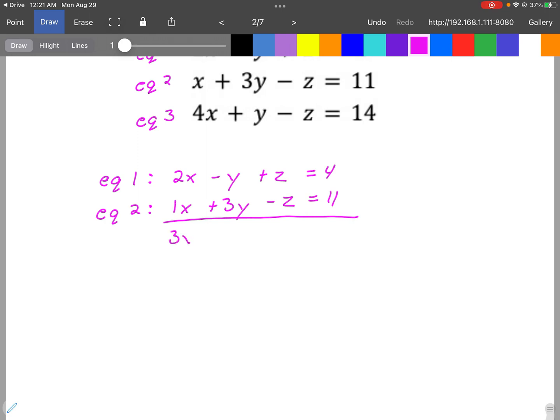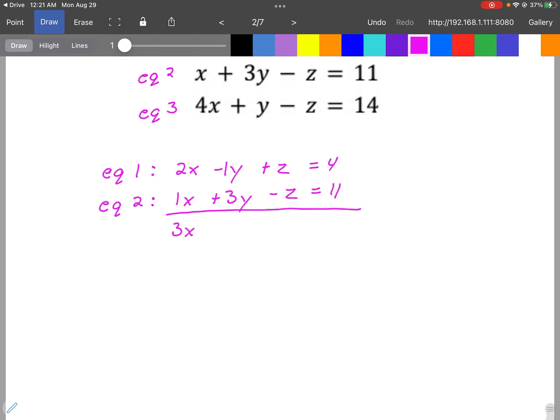So then when I combine, I have 2x plus 1x is 3x. Then I have negative 1y plus 3 is a positive 2y. And then positive 1z and negative 1z add together to give me 0, and those are gone just like we thought they would be. And then 4 plus 11 is 15. So there is our equation 4.